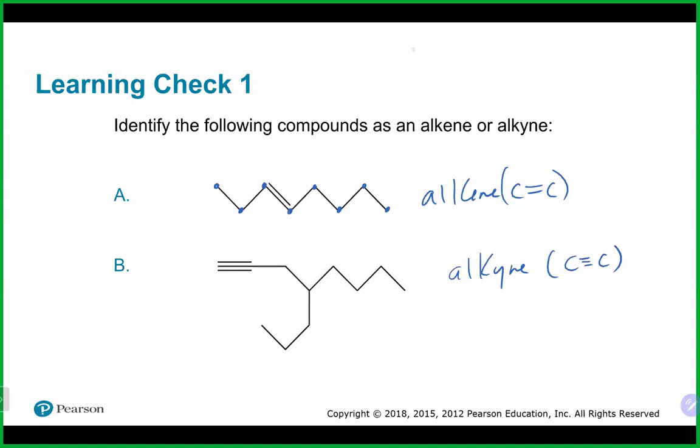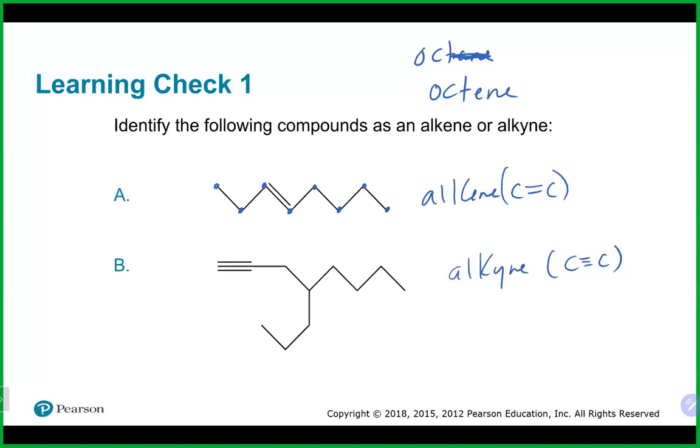So 8 carbons is based off of octane, but since this has a double bond, it's not going to be octane, it's going to be octene, ENE. As I mentioned before, everything comes back to those first 10 alkane names. So it's really important to get a handle on this.